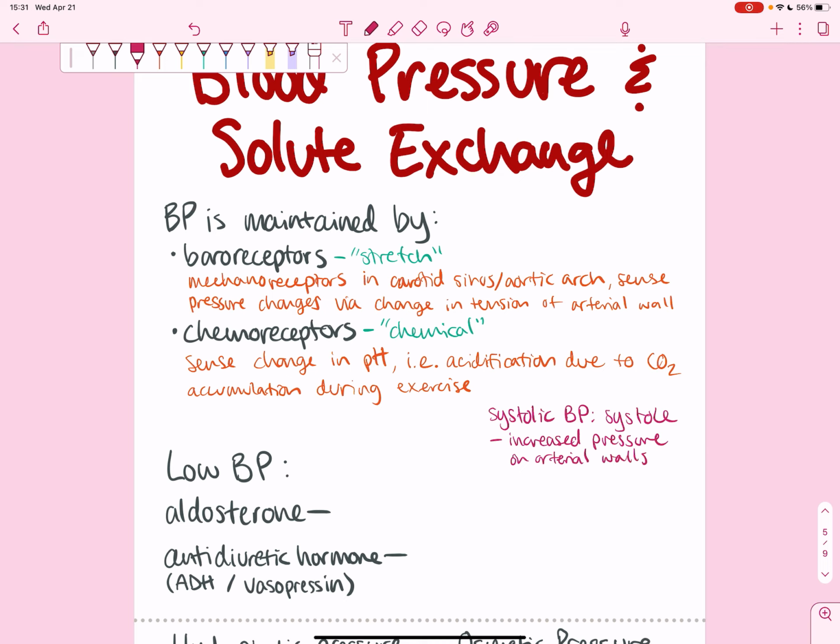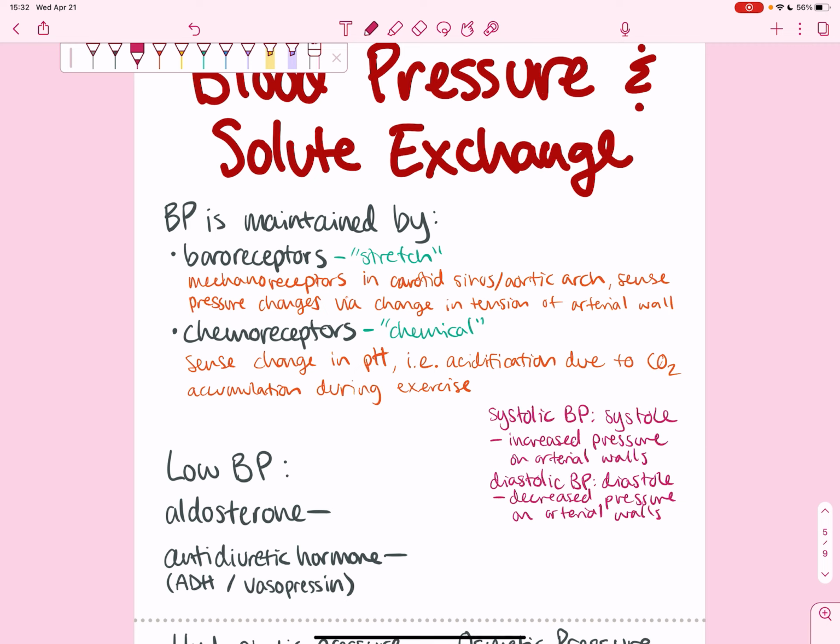Then there's diastolic BP, which I'm sure you can now guess is measured during diastole, and that has decreased pressure on arterial walls. Okay, that's that.